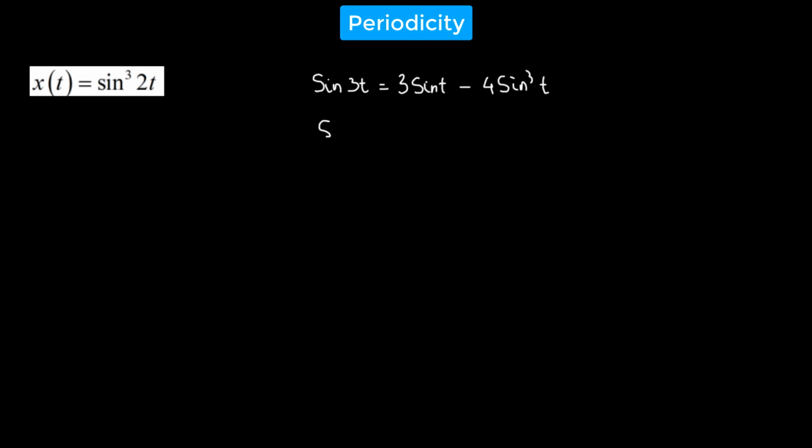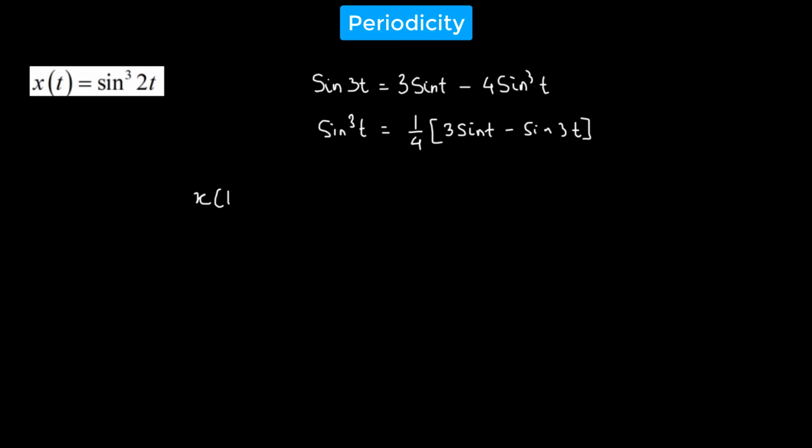When we solve for sine cube t, that gives us sine cube t equal to 1 by 4 multiplied by 3 sine t minus sine 3t. We are going to use this particular formula, but we have sine cube 2t.